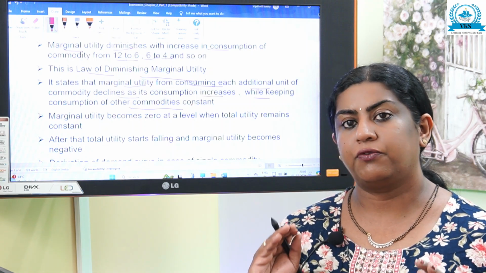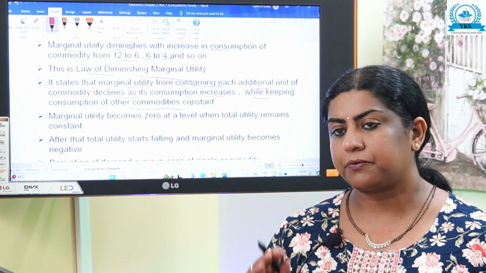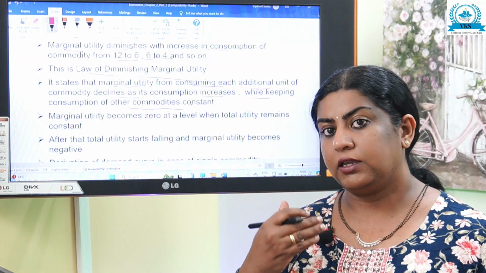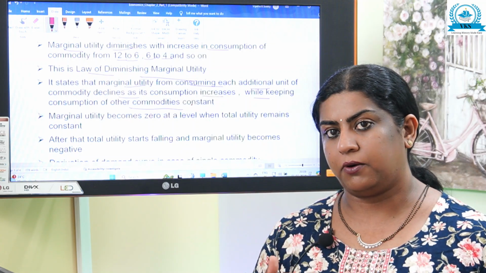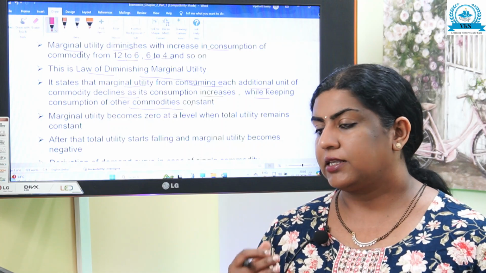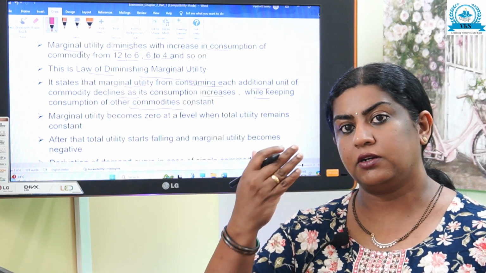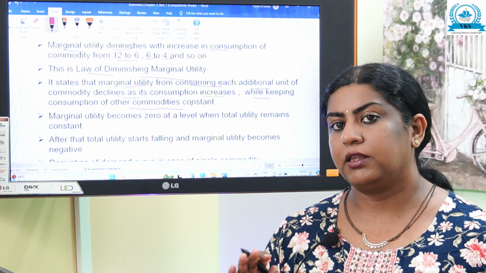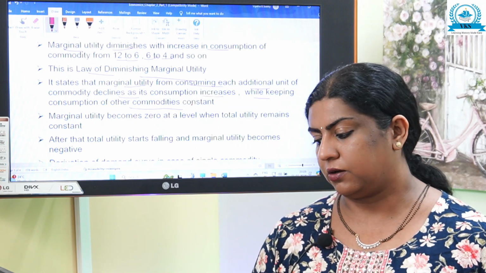So consumption is increasing, marginal utility is decreasing, while the consumption of other commodities is held constant.